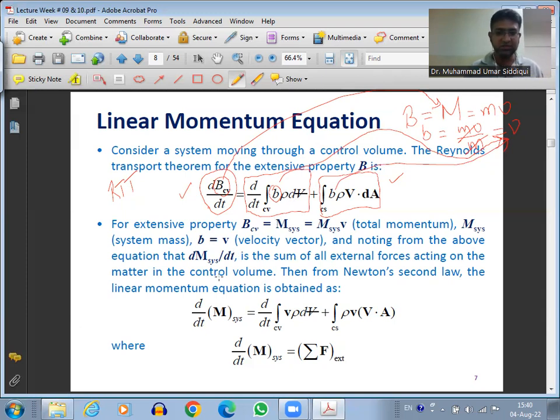So if we do it like this, what do we have here? Then we will have d by dt of the momentum. So the rate of change of momentum is equal to the rate of change.